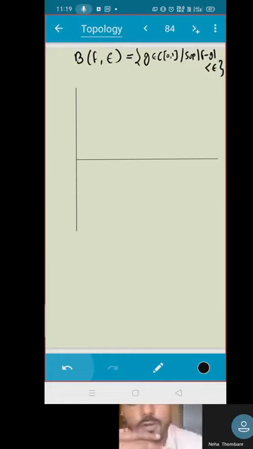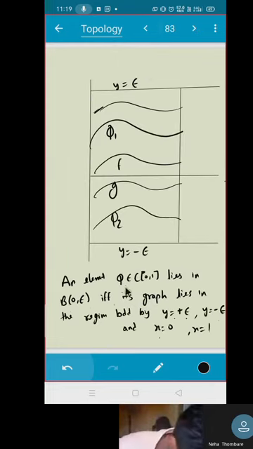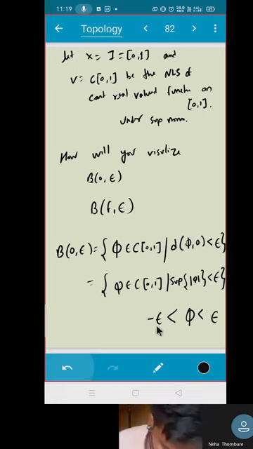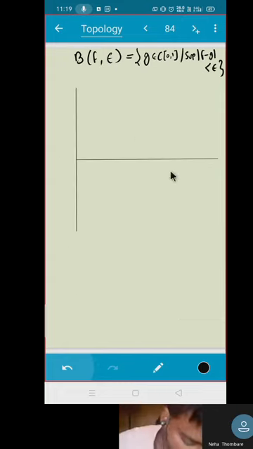Now what do you mean by supremum of f minus g? What is the condition on g I am having? The g should lie between. In the previous case, what was the condition on this phi? Phi lies between minus epsilon and plus epsilon, correct? So that's why we drew minus epsilon का graph और epsilon का graph, and we got a bound, correct?